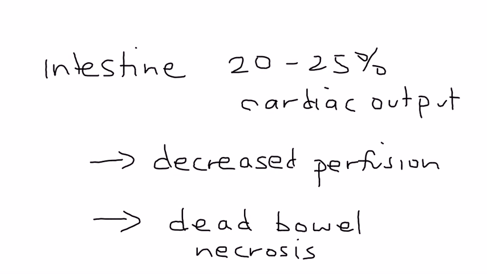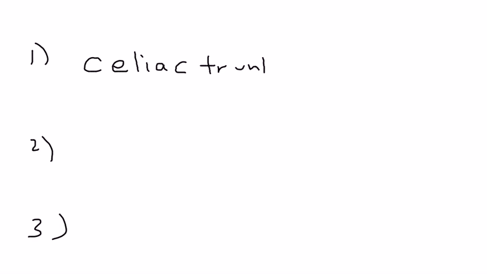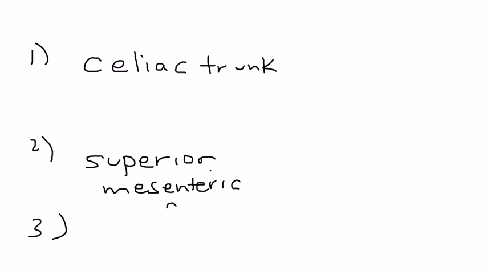Now, let's slow down a little bit to explain this a little bit more. In the mesentery, you've got three main vessels. You've got the celiac trunk, you've got the superior mesenteric artery, and then you have the inferior mesenteric artery.